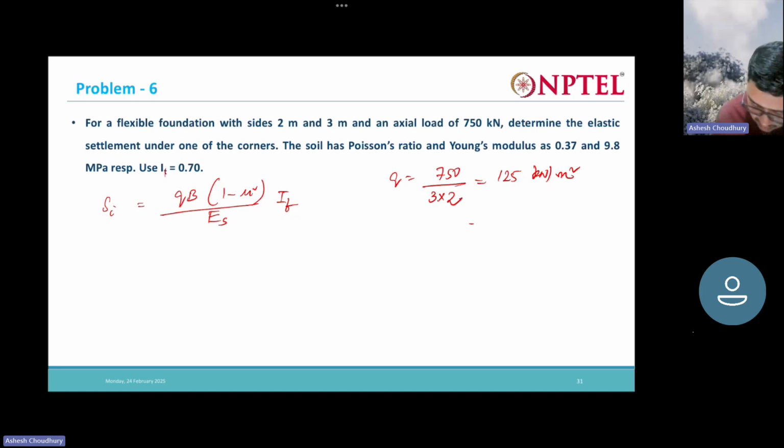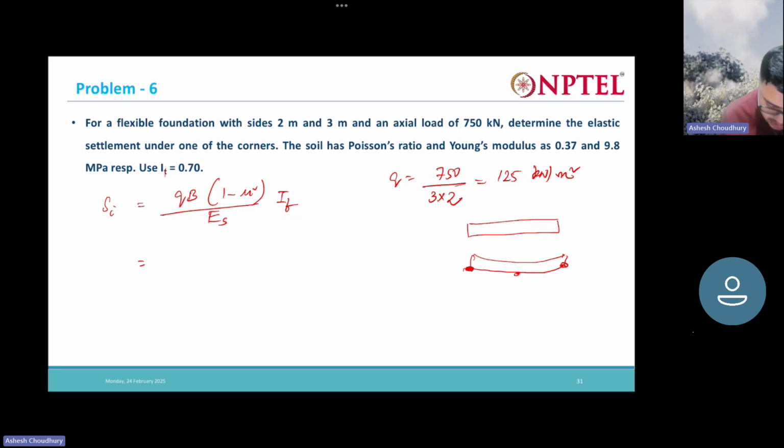If you have a flexible foundation, it is going to deform something like this. It will be different at the corners, different at the middle. It's not a rigid settlement, it's going to be flexible. So this If gives you the settlement at one corner.